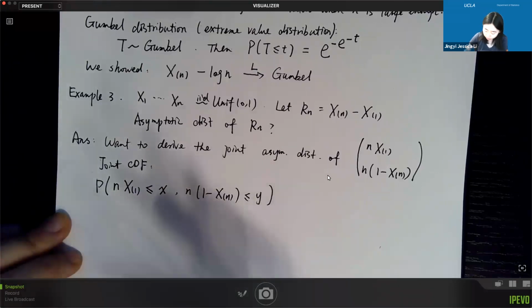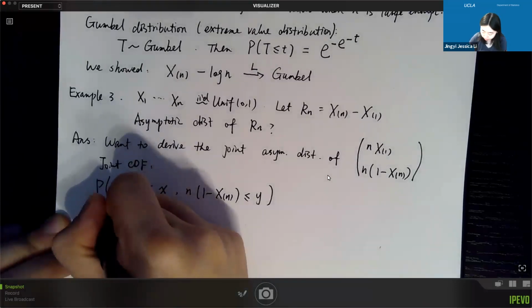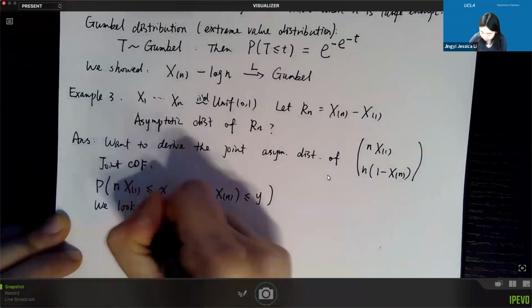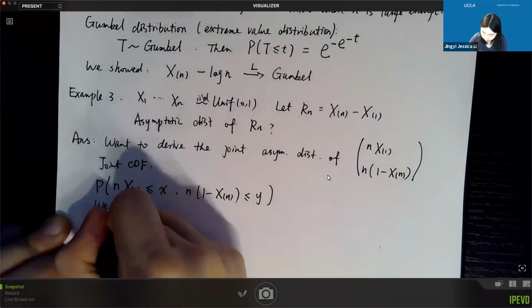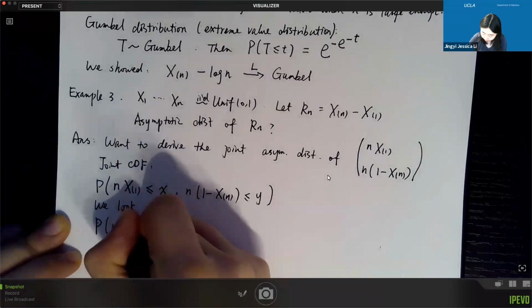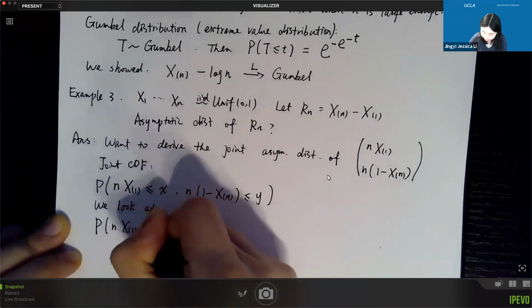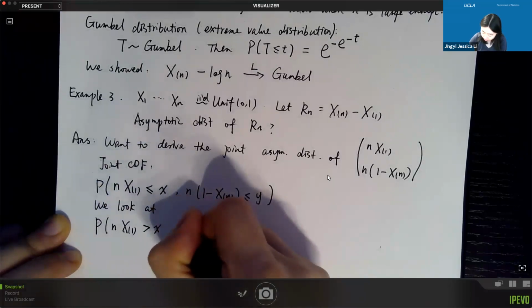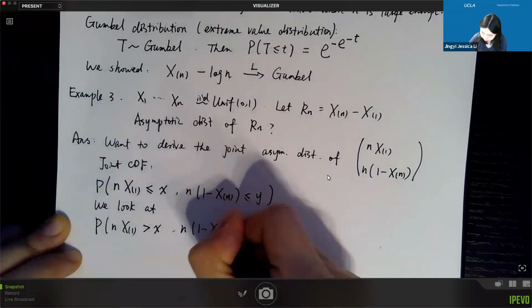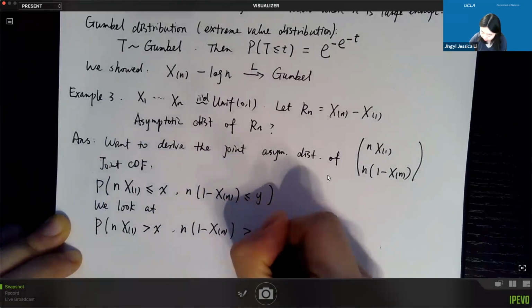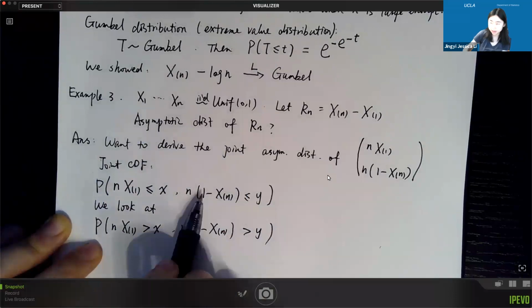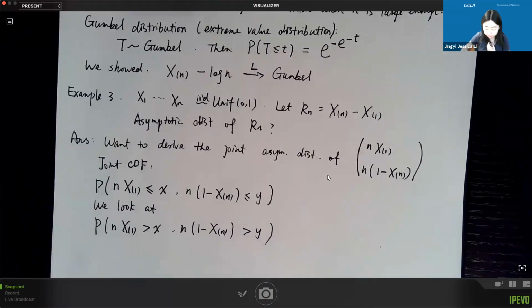So that's why we look at the probability of n x1 larger than x and n times 1 minus xn larger than y.